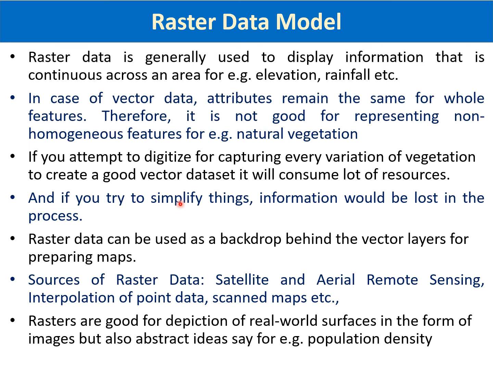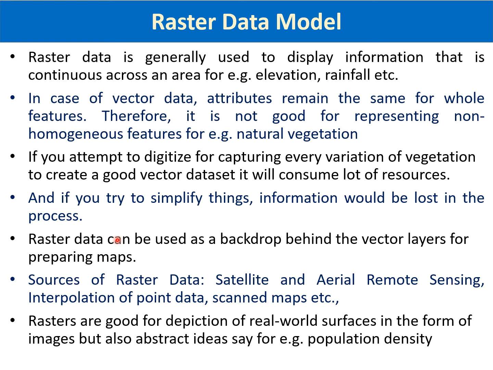And if you try to simplify things by marking contiguous forested area as one single polygon feature, then you will be losing information in the process. Therefore, raster data in the form of gridded pixels can be used for representation or display of information which is varying continuously, depending upon the computational resources and the amount of the input data.